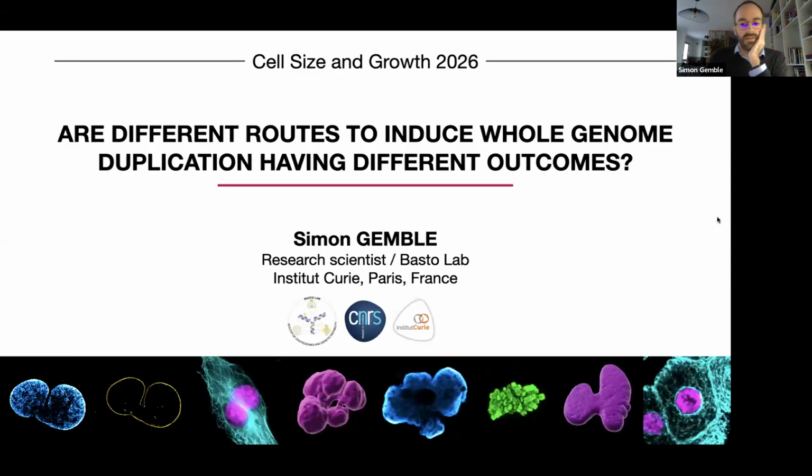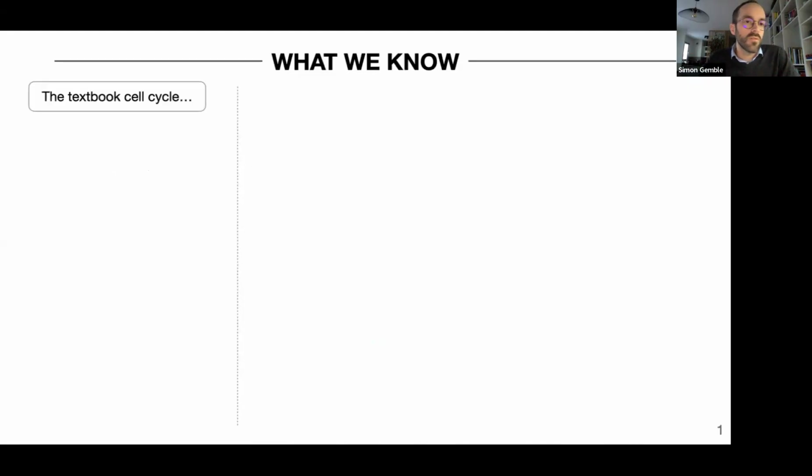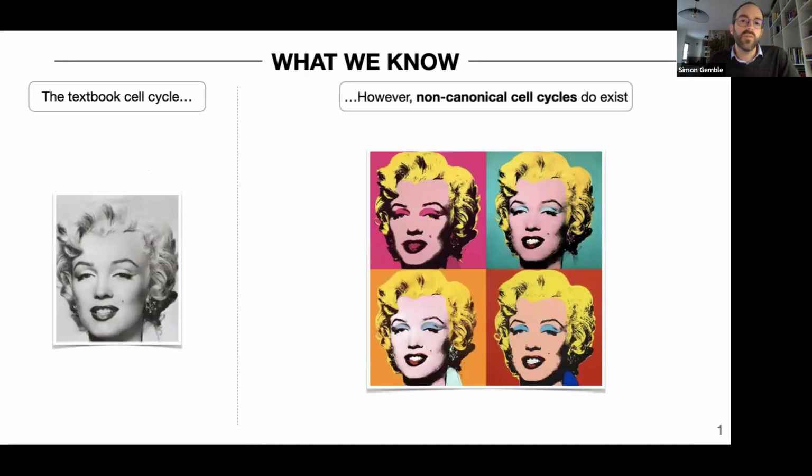Hello everyone. I'm Simon, and today I'm going to talk about whole genome duplication and nuclear architecture. So we all know the famous textbook cell cycle, but in this presentation, I would like to discuss with you the fact that there are actually non-canonical cell cycles that exist and that have been described in many physiological and pathological contexts.